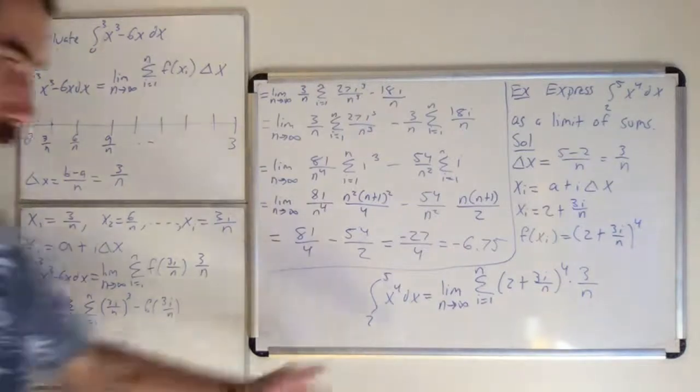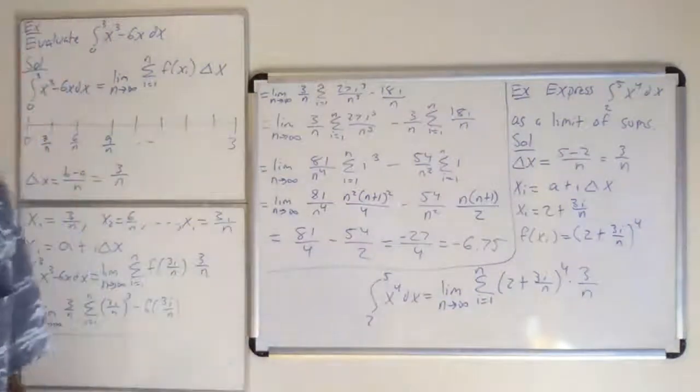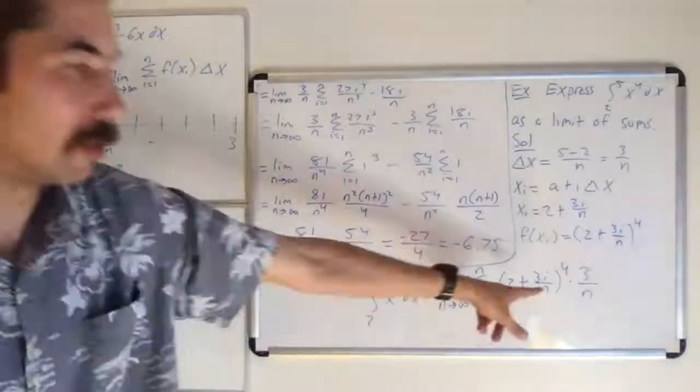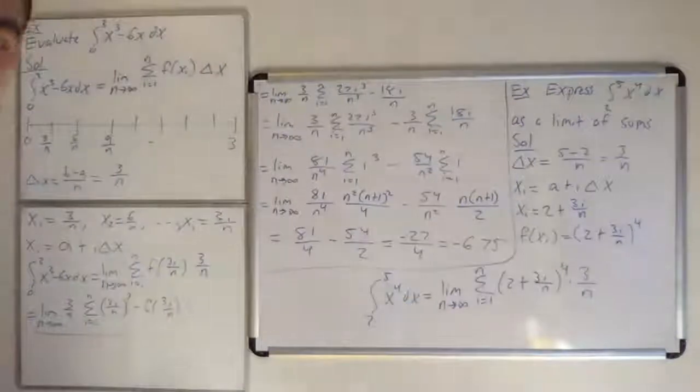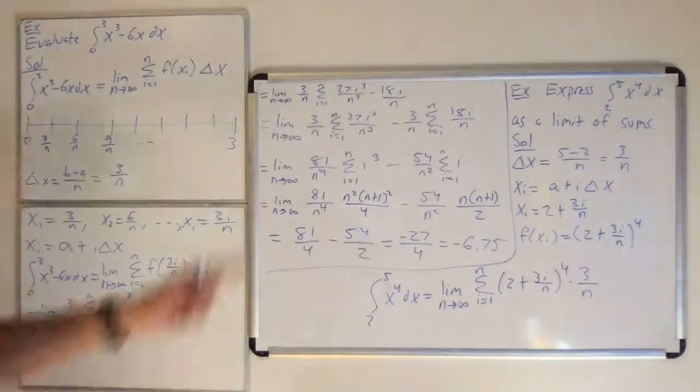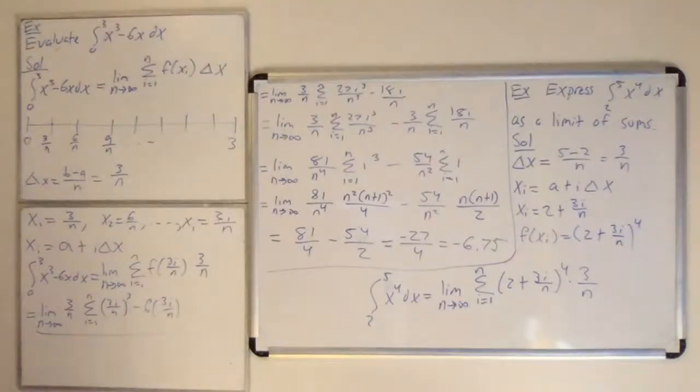The challenge, which we don't have to do for this example, would be trying to evaluate this limit. You'd have to multiply it out 4 times and use a number of identities, some of which we haven't even mentioned in that list. So this would get pretty messy pretty quick.